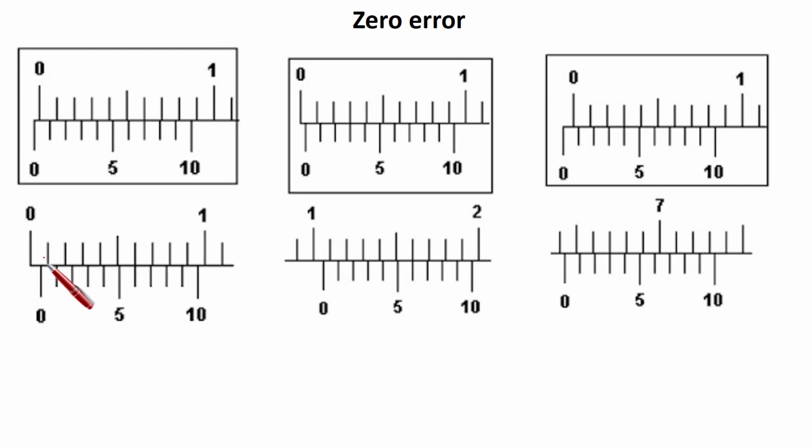So in this case, as it is a negative 0 error, the 0 error can be calculated as 0 minus 0.7 mm, which is negative 0.3 mm.